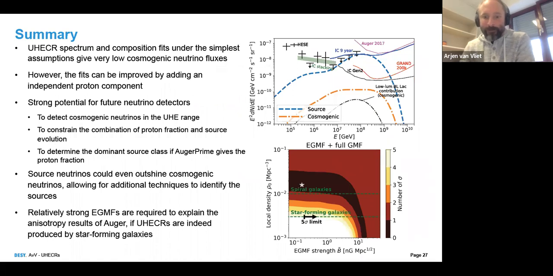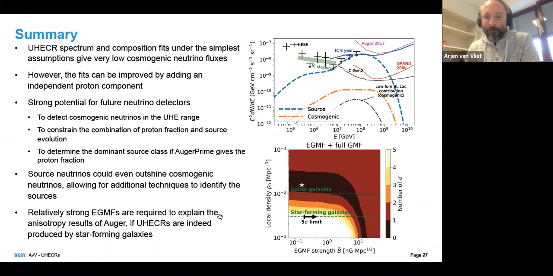So, a very short summary: we have ultra energy cosmic ray spectrum and composition fits under the simplest assumptions. These fits produce very low cosmogenic neutrino fluxes, but you can improve these fits by adding an independent proton component. You get much higher cosmogenic neutrino fluxes, a better fit, and perhaps more realistic assumptions.